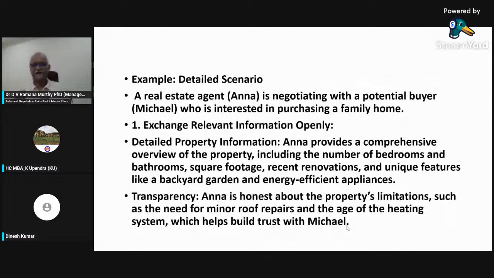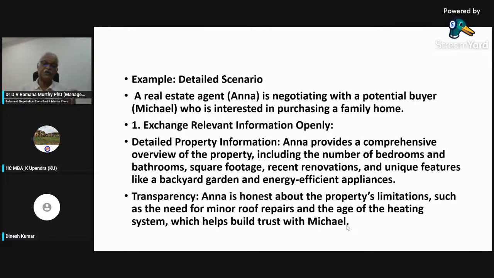The real estate agent Anna provides a comprehensive overview of the property first, including the specifications of the family home, meaning the number of bedrooms and bathrooms and washrooms, the square footage, recent renovations, unique features, the backyard for garden and how much area is left out for gardening, and energy efficient appliances inside the house. So this is a detailed property information exchange.